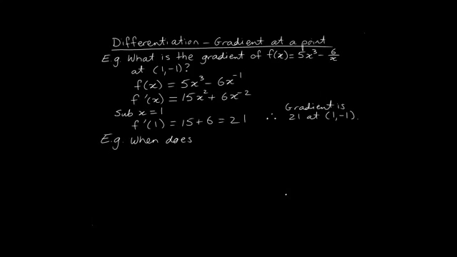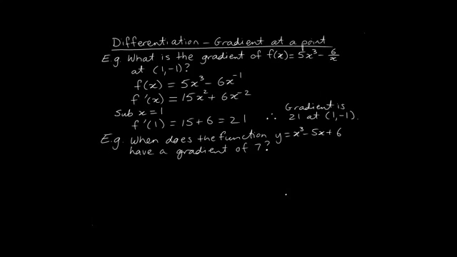When does the function y equals x cubed minus 5x plus 6 have a gradient of 7? So notice this time the question is in reverse. We're told the gradient, but we don't know at which point or at which set of coordinates.